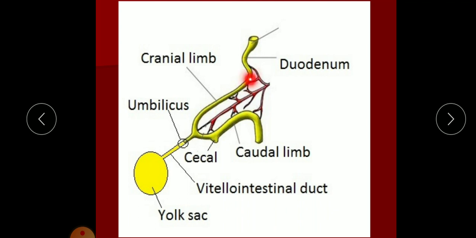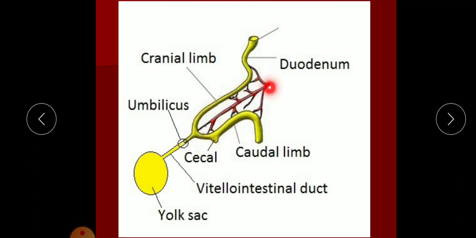So this midgut loop will be continuous with the yolk sac through a very small tube termed the vitello-intestinal duct, which during the later stages of development will undergo fibrosis. Fine. So this is your midgut loop.